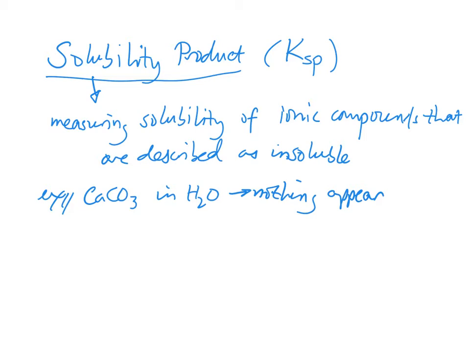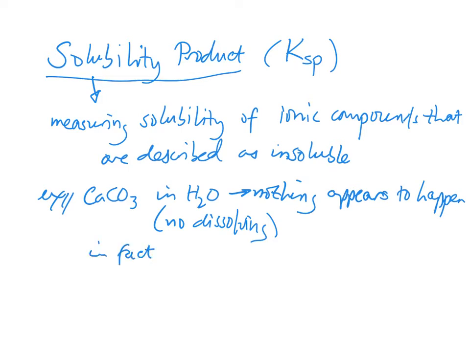They've been there for hundreds and thousands of years with no damage other than that of acid rain, which we'll talk a little bit more about. But certainly nothing appears to happen, and there appears again to be no dissolving. But if you were to very carefully measure the amount of calcium carbonate that you put in, and then you take it out and dry it very carefully, you would see, in fact, that a very little bit of it does dissolve.